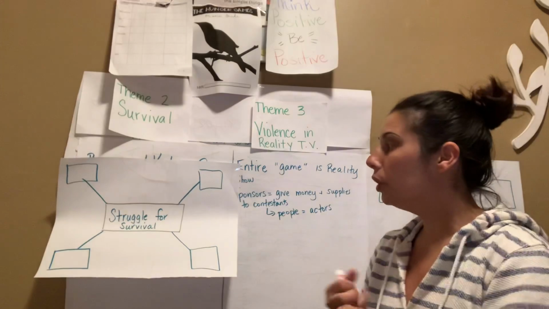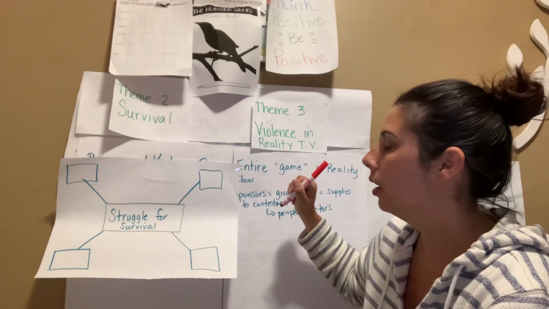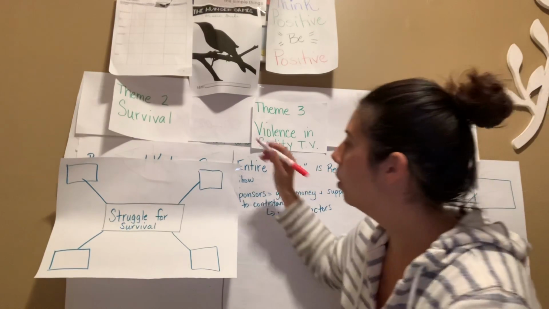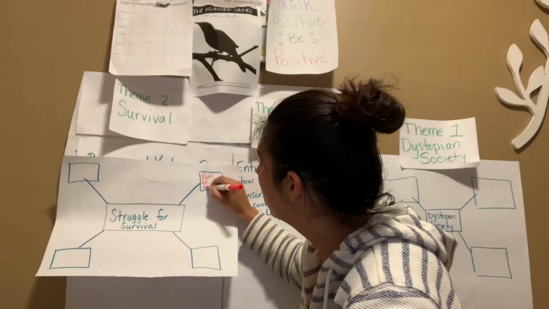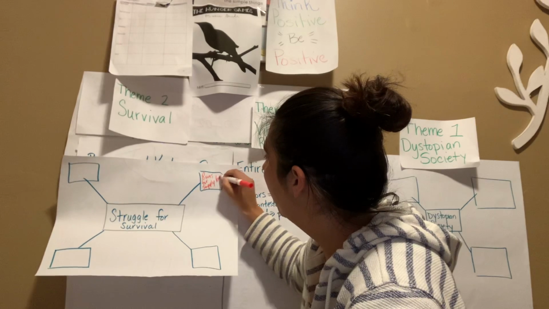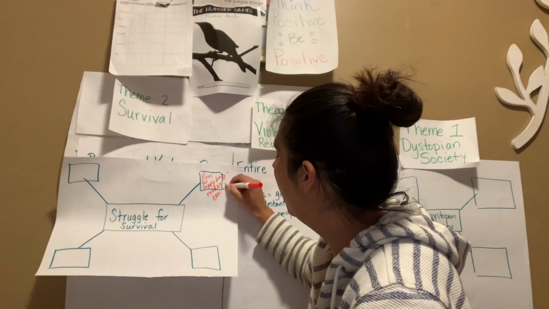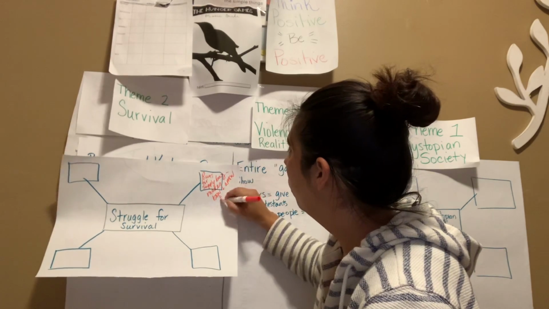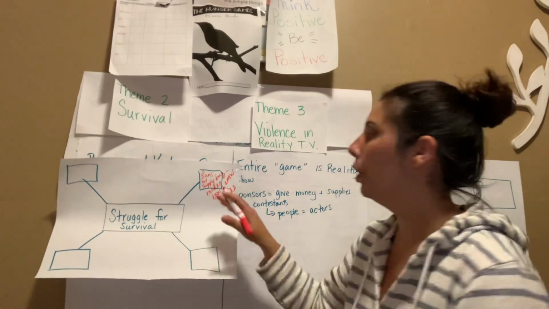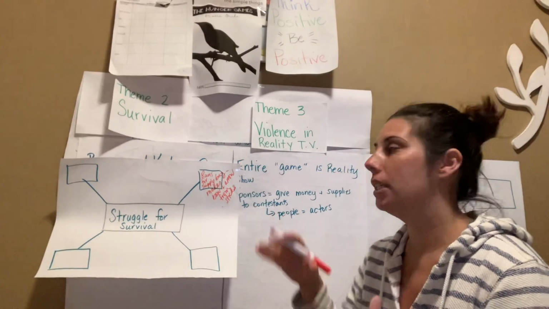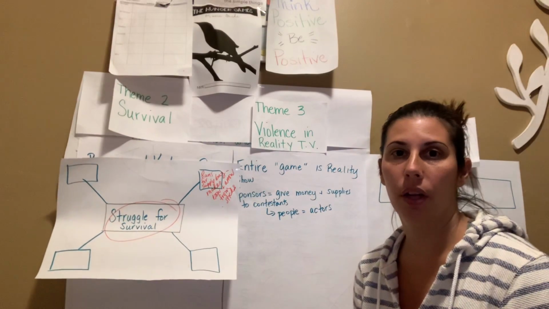So, maybe you put in here, runs for supply bag, makes bow and arrow from sticks. So you basically take some examples from the movie that show what it is that you said here, okay?